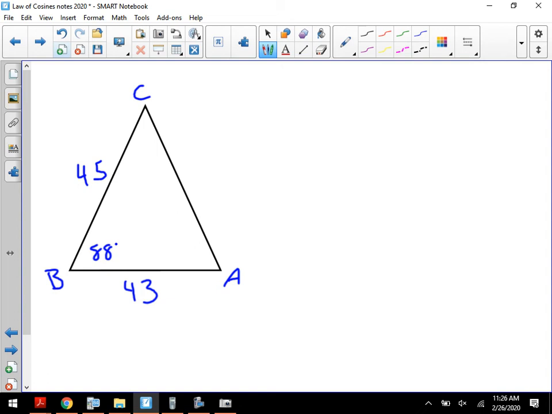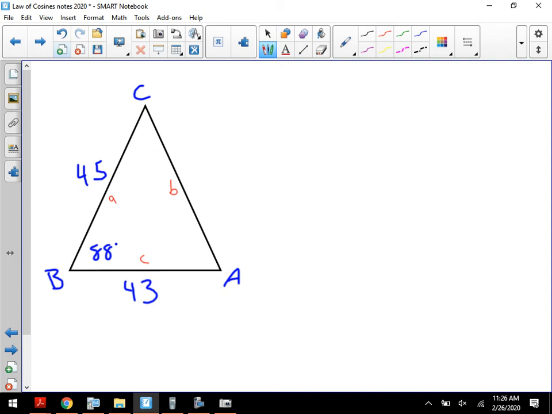In this case, when I'm looking at the example I have on the board, we have, again, triangle ABC, little c, little a, little b. Notice how we have an angle, but we do not have the side opposite. Law of cosines will let us find that.